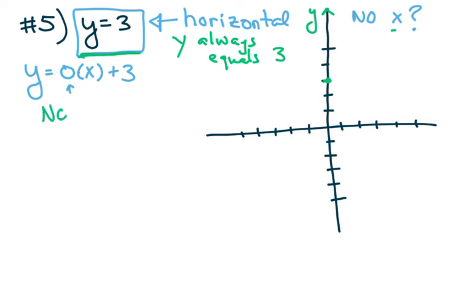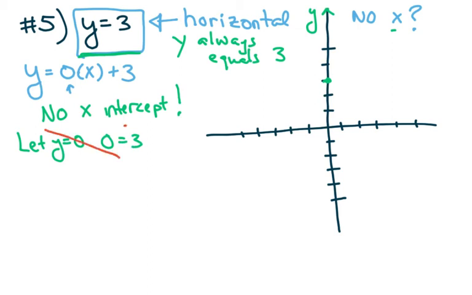There is no x-intercept. Well, because if you let y equal 0 to find it, what would you get? 0 equals 3. That is not a solution. So it doesn't even cross the x-axis.